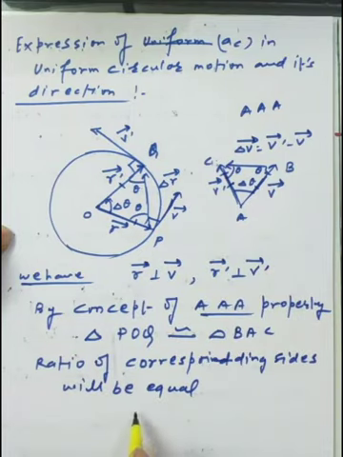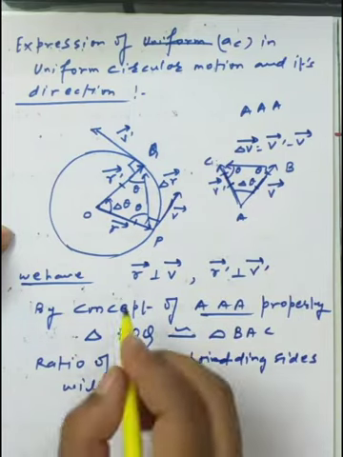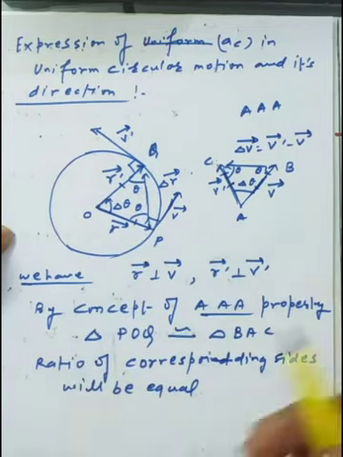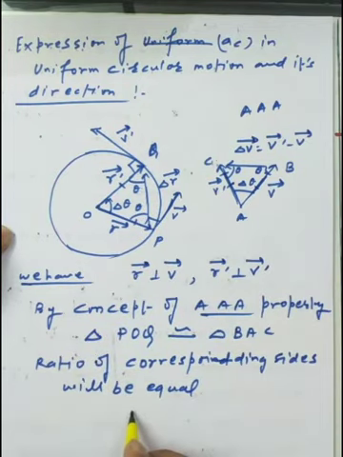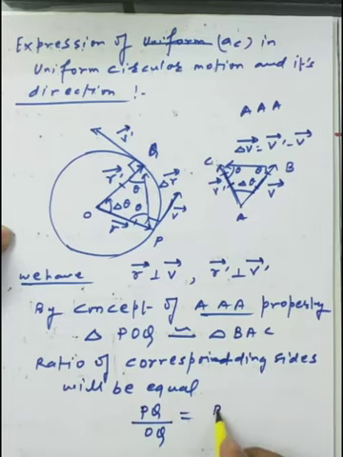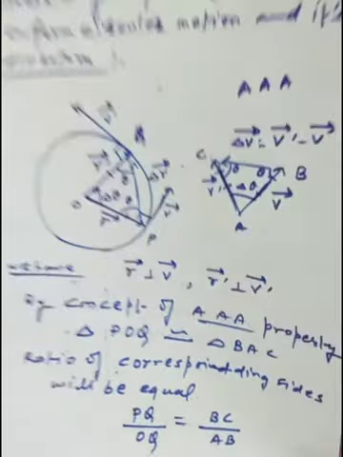So we can say that in the triangles the ratio of the corresponding sides will be PQ upon OQ equal to BC upon AB. Okay. So this one is one of the basic representations we have.